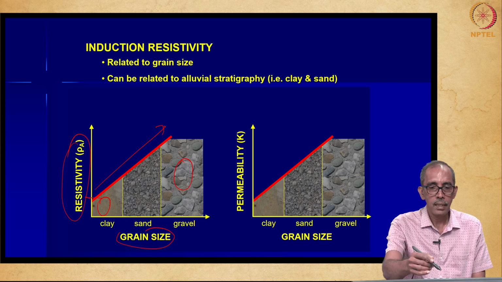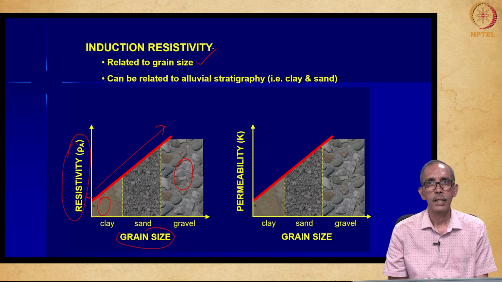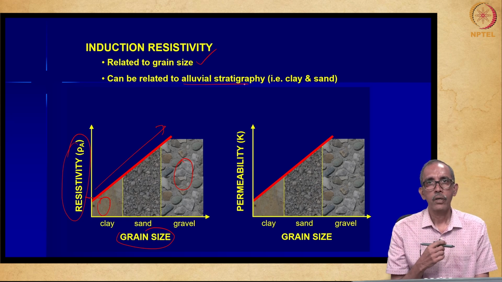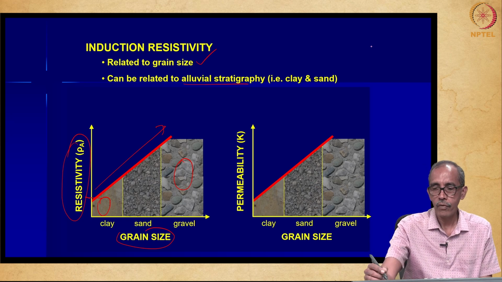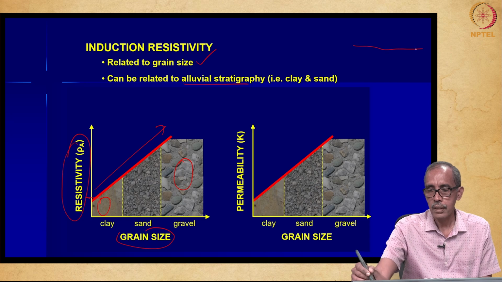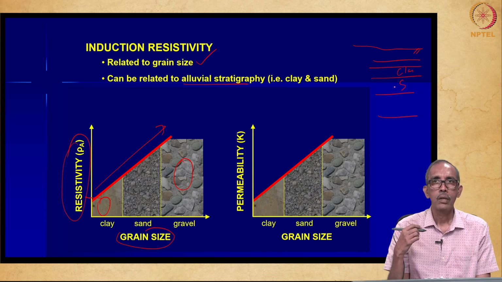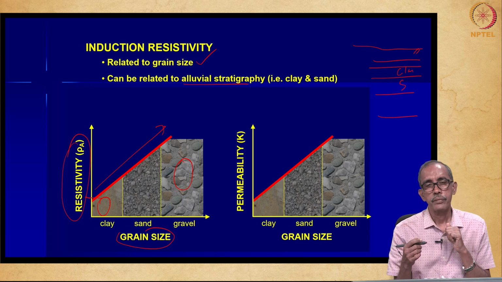So, induction resistivity is related to grain size, right, and it is also related to aquifer stratigraphy. What do we mean by aquifer stratigraphy? That means this is the ground surface, how the layers were present below the surface, where was clay, where was sand. That is also going to affect the resistivity which we are going to measure.